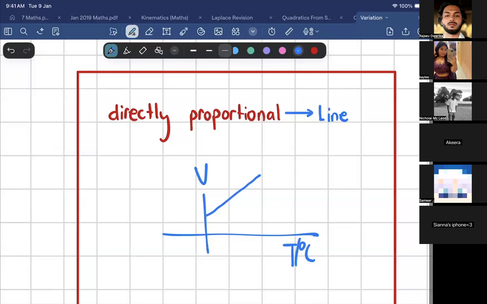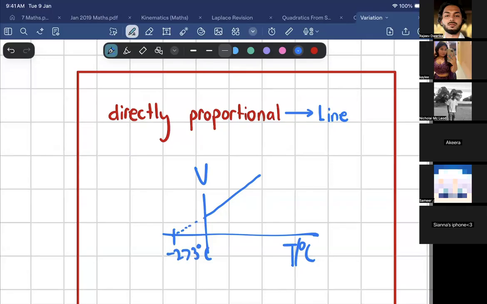Yes, sir. What they figured out is that if you extrapolate the graph, it would cut the axis at minus 273 degrees Celsius.